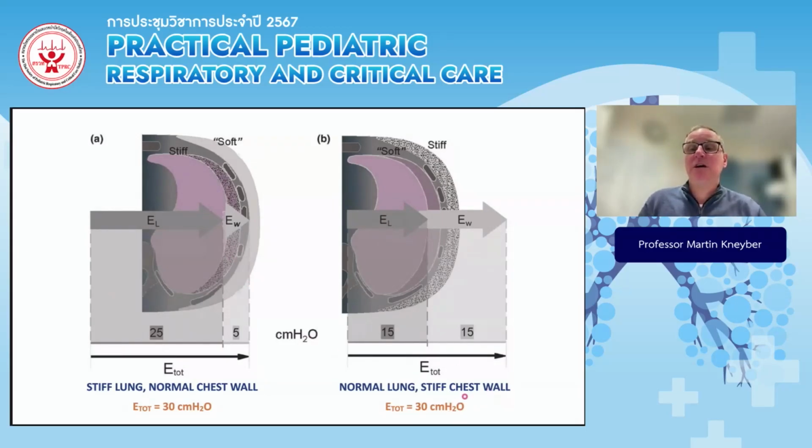And in the other patient, the elastance is partly coming from injury to the lung and partly coming from injury to the chest wall. For example, an obese patient or a patient with edema or a patient with chest trauma. So we need some measure to account for what the chest wall is doing.